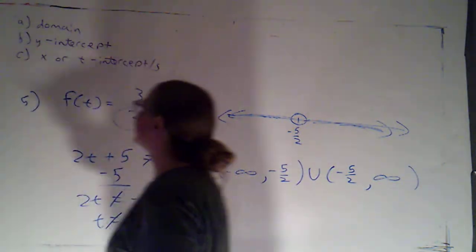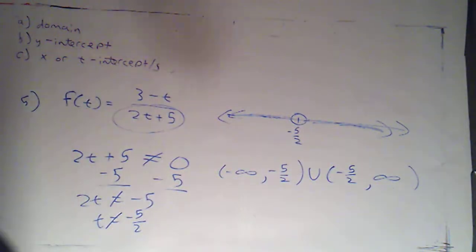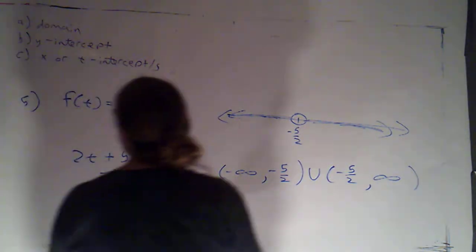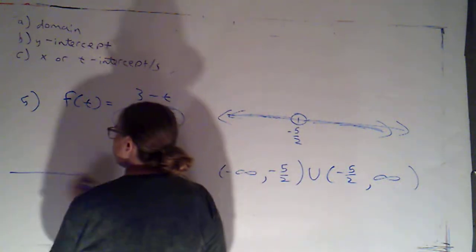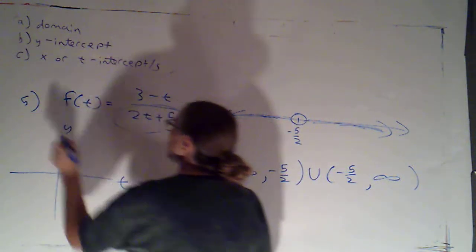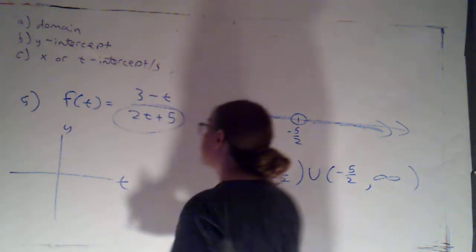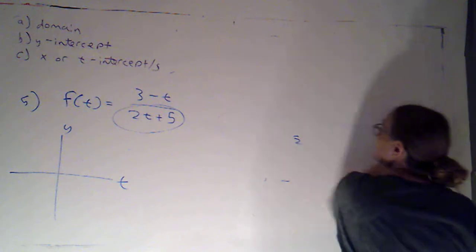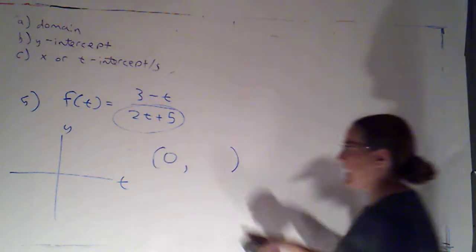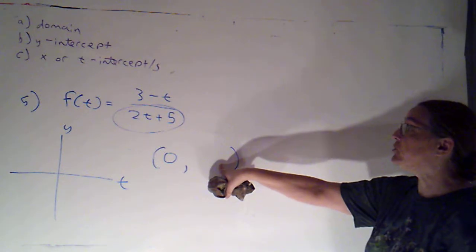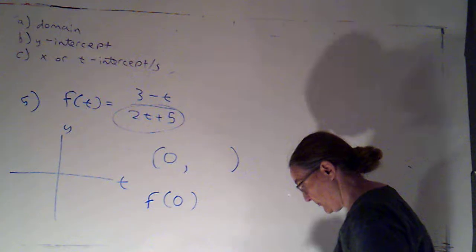Okay, excellent. So if I want to find the y-intercept, to remember how to do that, I can think visually for this function. We've got t and y. The y-intercept is going to be where we're on the y-axis, so our t value will be 0. And then I want to find what the y value is. I will find that by plugging in 0.